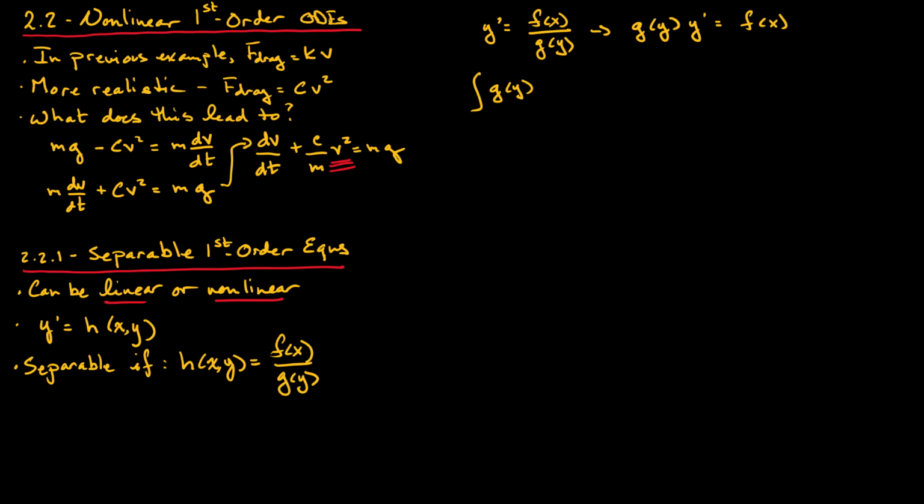So if we multiply both sides by dx, we're left with g of y dy equal to f of x dx. And of course, because this is an indefinite integral, we will have a constant of integration c.